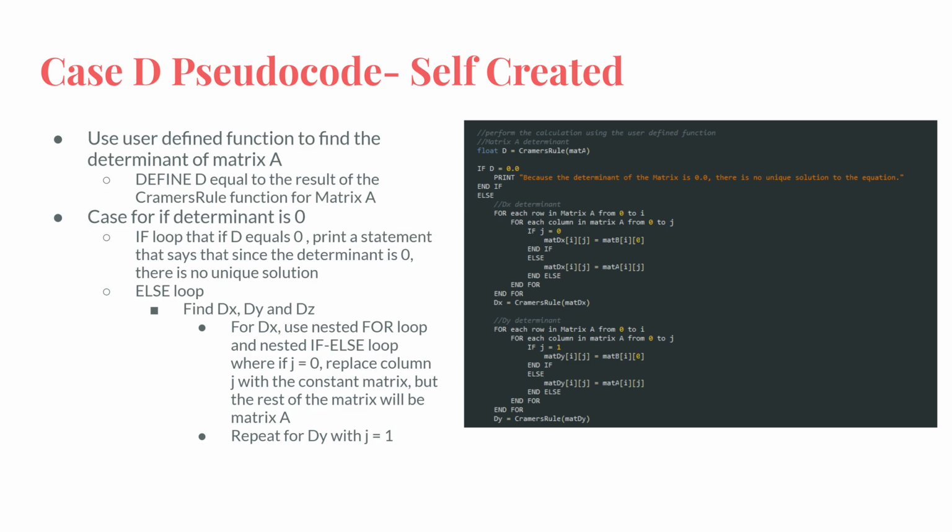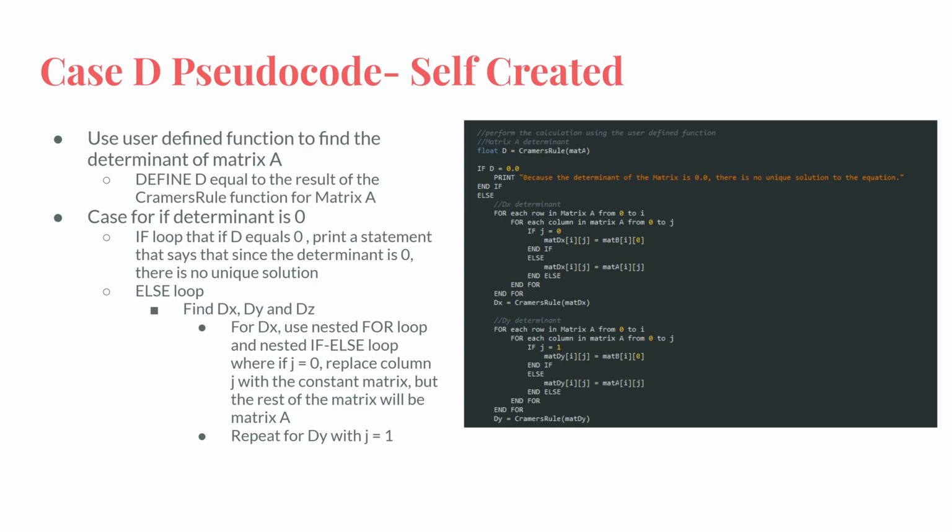For the dx determinant, I used a nested for loop stating that for each row i in matrix A and each column j in matrix A, when the column j is equal to 0, the constant matrix B replaces the corresponding column in matrix dx.